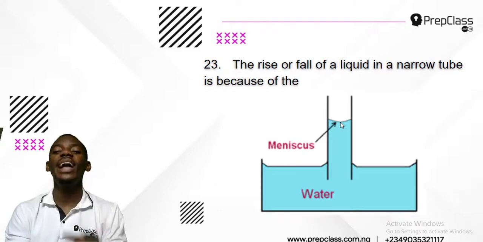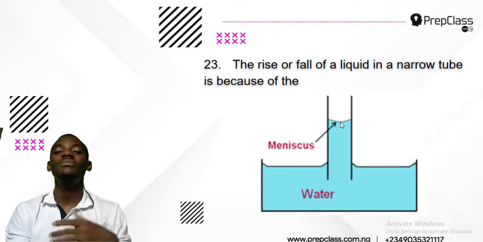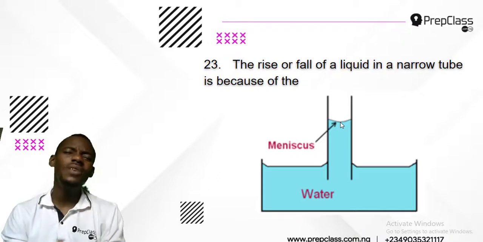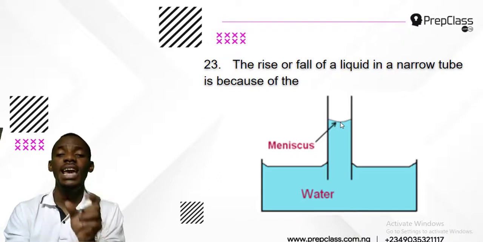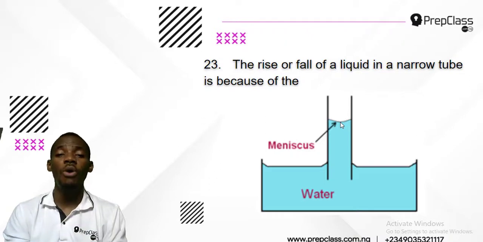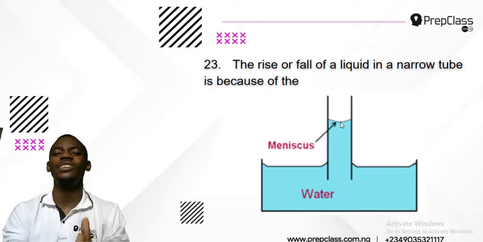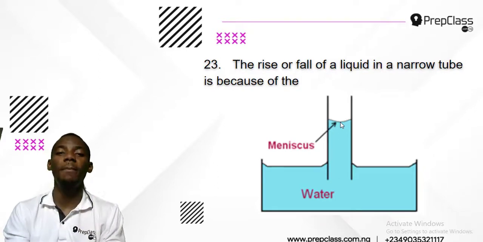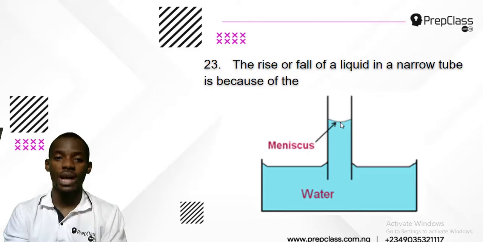The reason it rises is because it has more affinity, or love, for glass. So it is easy for water to rise in a tube because water has more adhesion force than cohesion force. Water can splash on things, but mercury has more cohesion force. It does not splash, it forms a ball. So you can't suck mercury, but you can suck water.